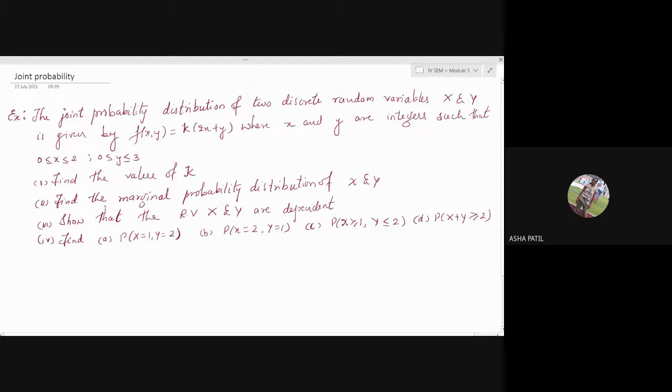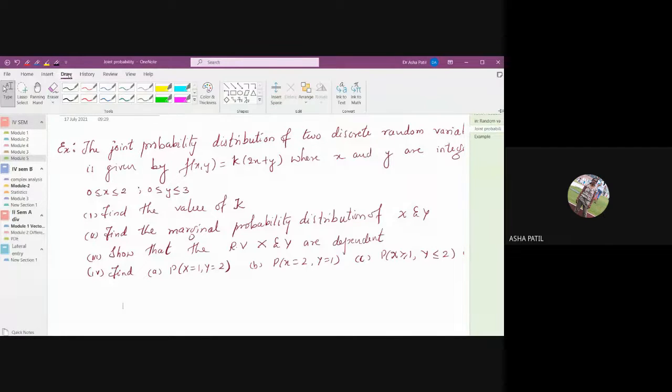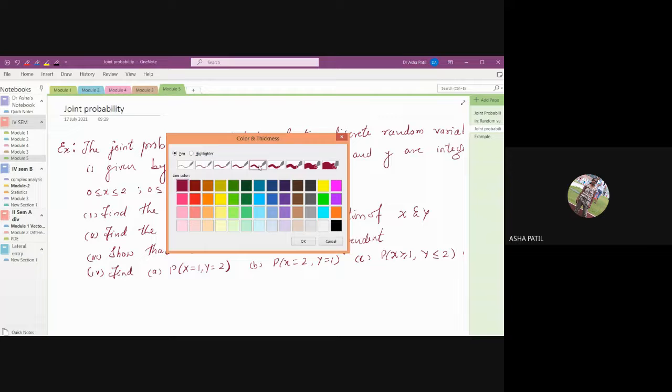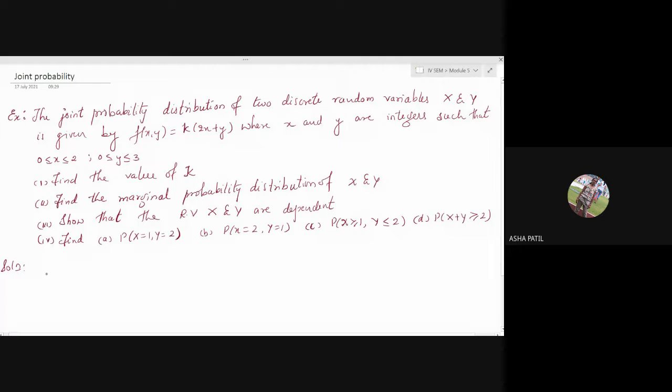So given is f of xy is k times 2x plus y.